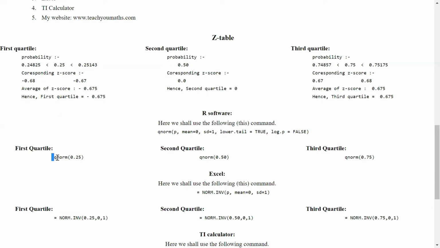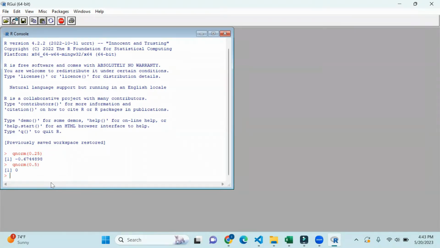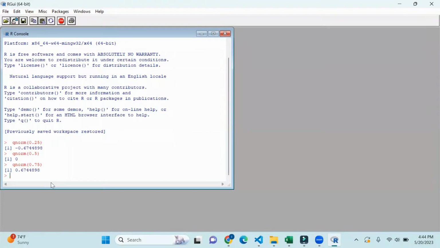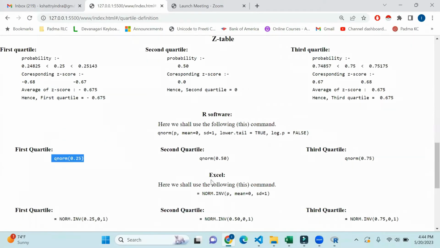If we copy this command and paste at our console and enter, we get the first quartile. And if we change this probability 0.25 to 0.5, we get the second quartile, and with 0.75, we get the third quartile.